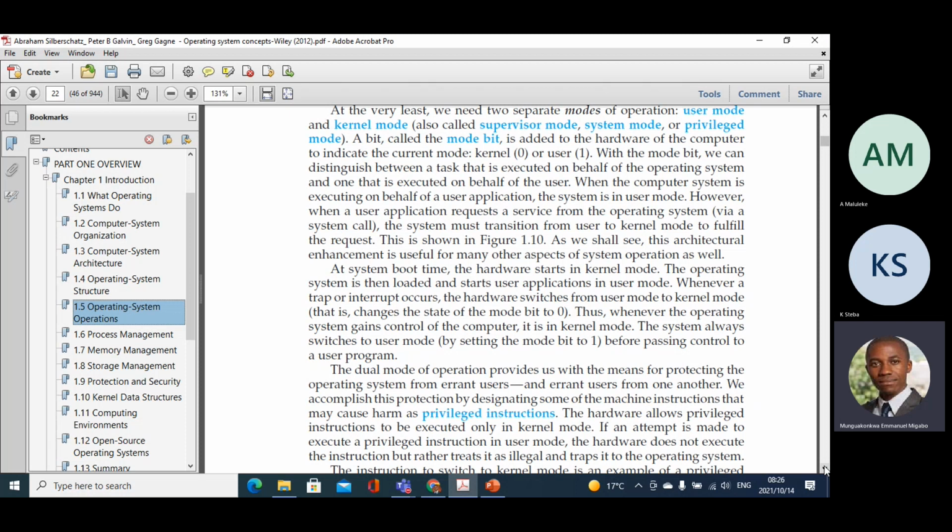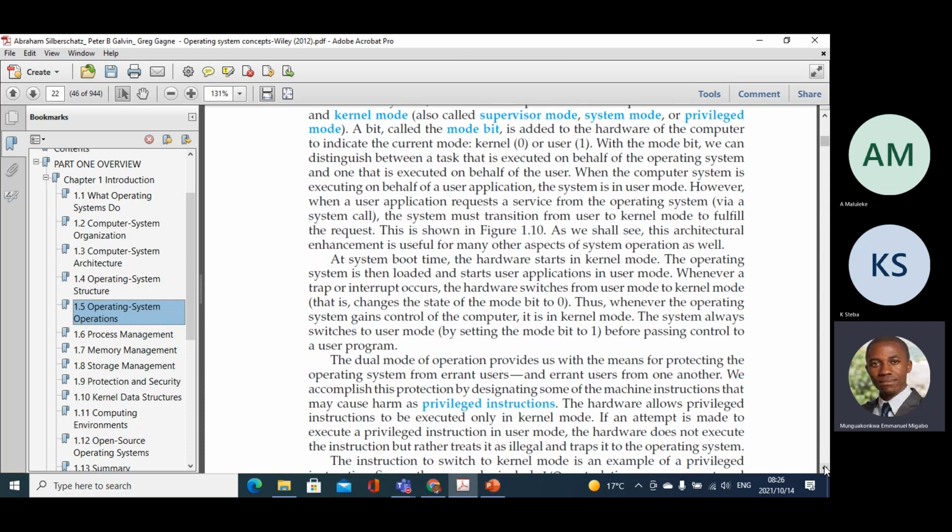If an attempt is made to execute a privileged instruction in user mode, the hardware does not execute the instruction, meaning the CPU won't execute it, but will rather treat it as illegal, a trap, and traps it to the operating system, meaning it will treat it as an exception, and it will throw an exception within the execution of the operating system.